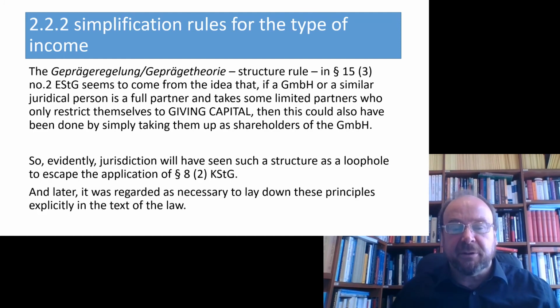And later, naturally, people will have said, okay, to make things clear and to fix this, and as tax abuse is always debatable, we just lay down this principle exactly in the text of the law and say, such a structure of a GmbH and Co. KG or a similar structure entails classification of everything as business income if what the limited partners can do has nothing to do with management functions.